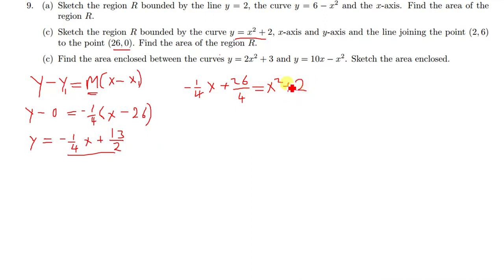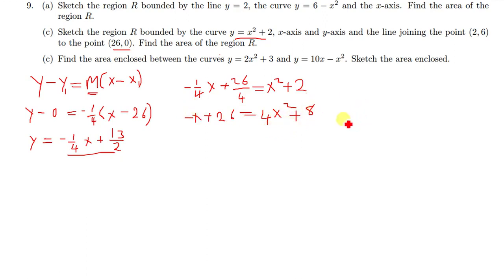We can now solve this simultaneously. When I simplify by multiplying everything by 4, this will give us -x plus 26 equal to 4x squared plus 8.